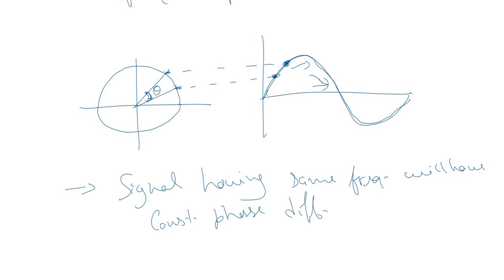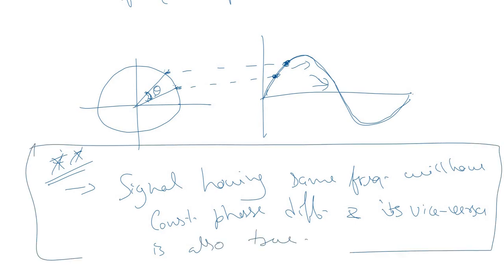So this phase difference theta will remain the same as these two points move on this signal, and the vice versa is also true. It's a very, very important conclusion, and the working of PLL is broadly based on this principle. So let us analyze this working block by block.